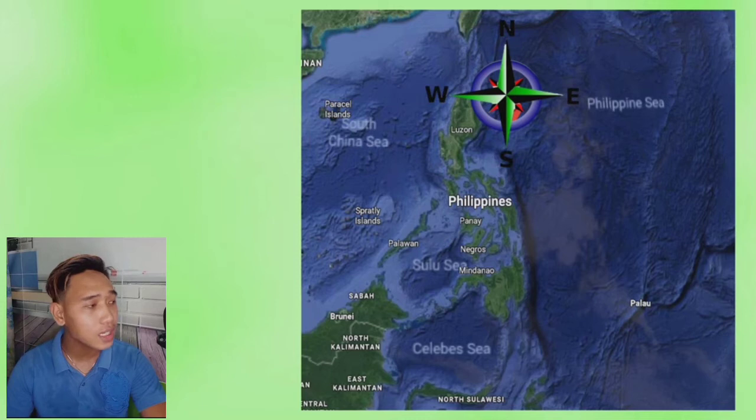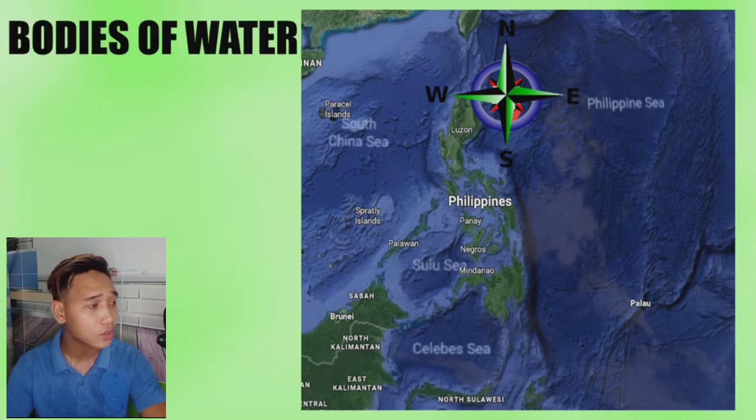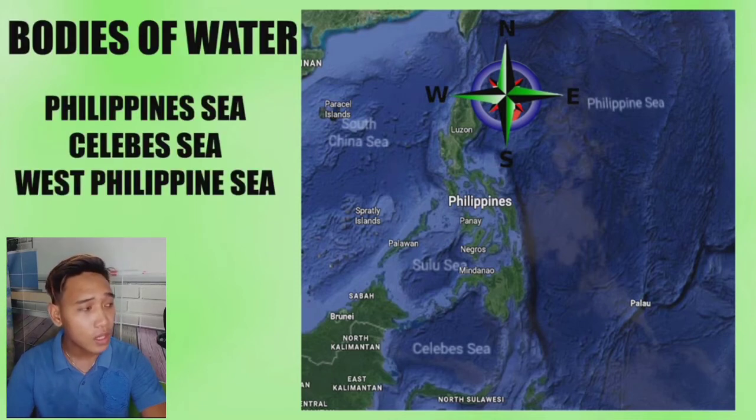Now let's take a look at the different bodies of water that surround our country. On the eastern part of the country, it is bounded by the Philippine Sea. On the west, it is bounded by the Celebes Sea, and on the south, it is bounded by the West Philippine Sea or South China Sea.